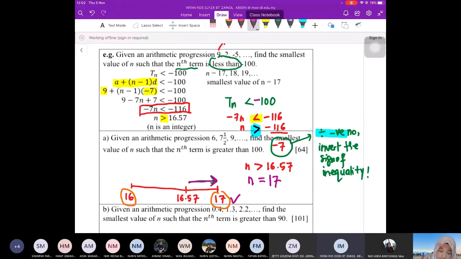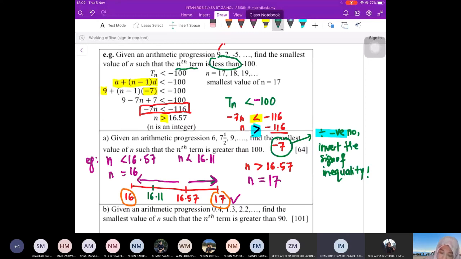Saya bagi example lain. Kalau dia kata n less than 16.57, what is n? Dia kurang daripada 16.57, dia akan ambil yang belah kiri. Apa jawapan dia? 16, very good. Kalau saya kata n less than 16.11, 16.11 kat depan, dekat dengan 16.